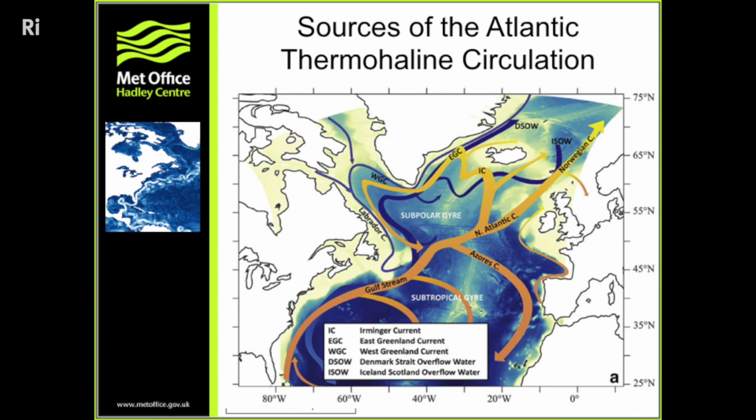This is a schematic of it, and it shows the formation of the cold water in the seas around Iceland, Norway, Greenland, these currents that come down through the Denmark Straits and the various overflows at depth and form the flow of the Atlantic thermohaline circulation southwards, which returns eventually as a warm, salty flow up through the Gulf Stream and gives us the mild climate that we enjoy in the UK.